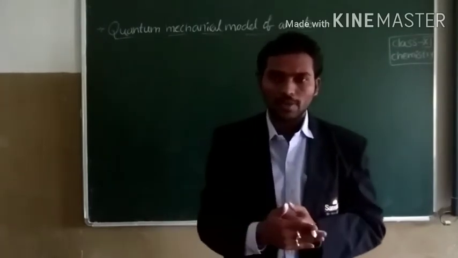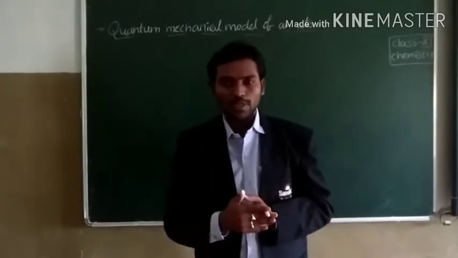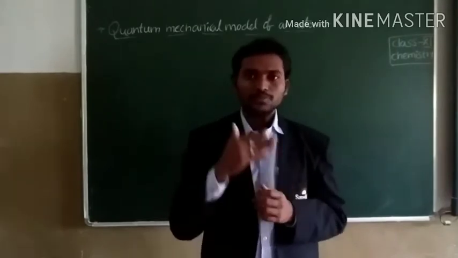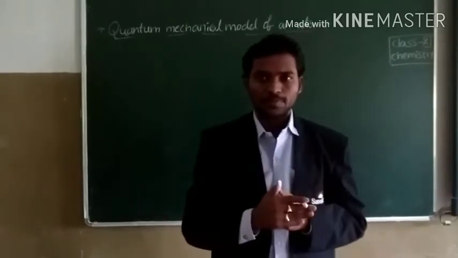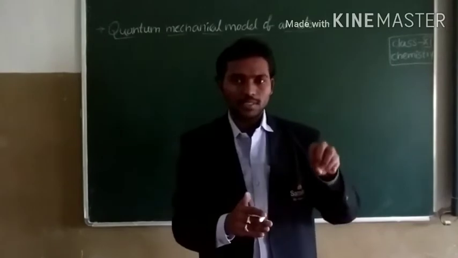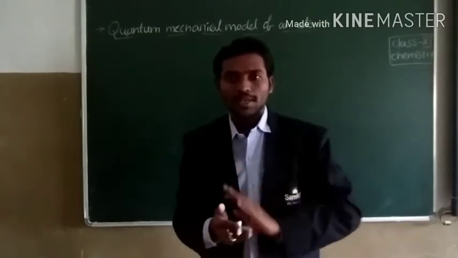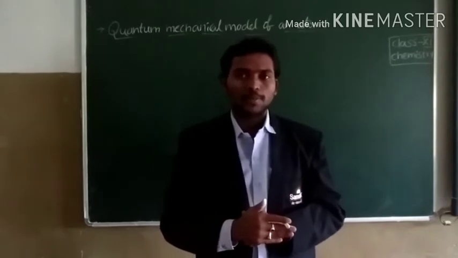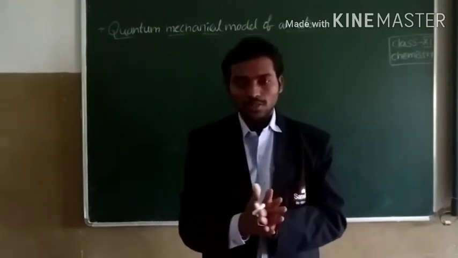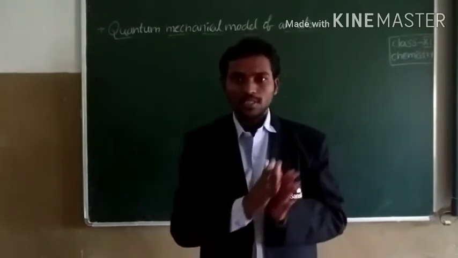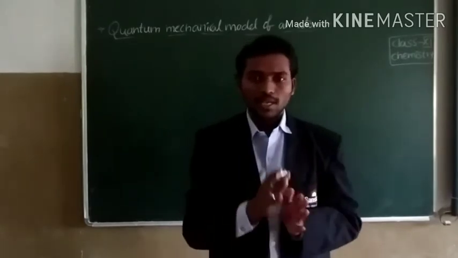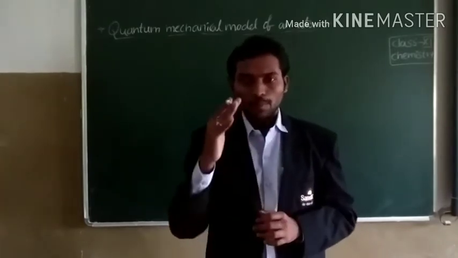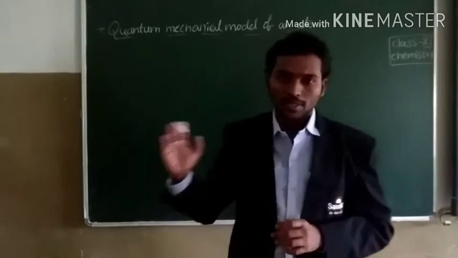This quantum mechanics is based on the dual nature of matter, because Heisenberg's uncertainty principle as well as Erwin Schrödinger's theory followed the dual nature of matter. That's why Schrödinger's wave equation and Heisenberg's uncertainty principle were the basics of quantum mechanics.